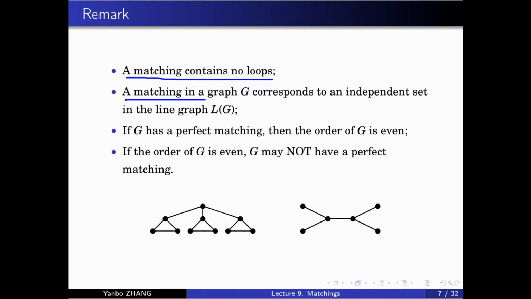A matching in a graph G corresponds to an independent set in the line graph L(G), because in the line graph L(G), every vertex denotes an edge in G. If the edges in G have no common vertex, then for any two corresponding vertices in L(G), there is no edge between them. The corresponding vertices form an independent set.